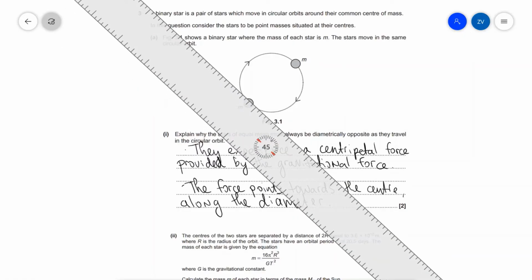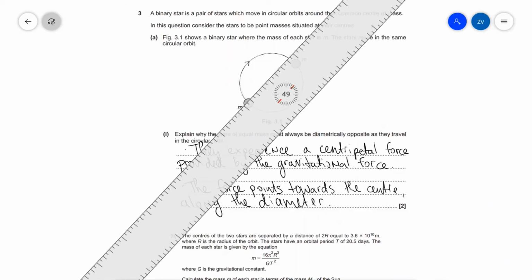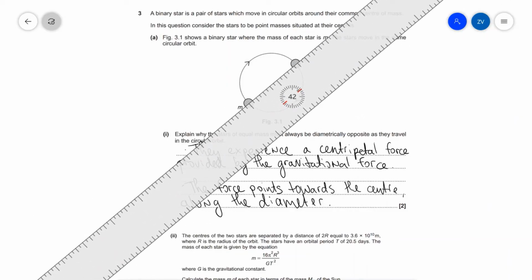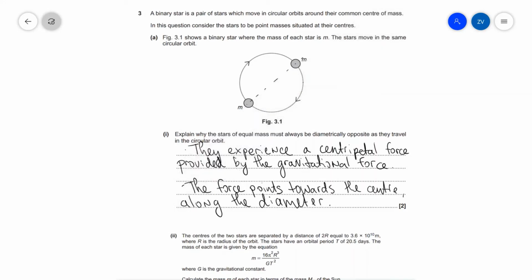And this force is actually pointing towards the center, and it's acting essentially along the diameter of this binary star system. So 1 mark for the statement normally and 1 mark for the other.